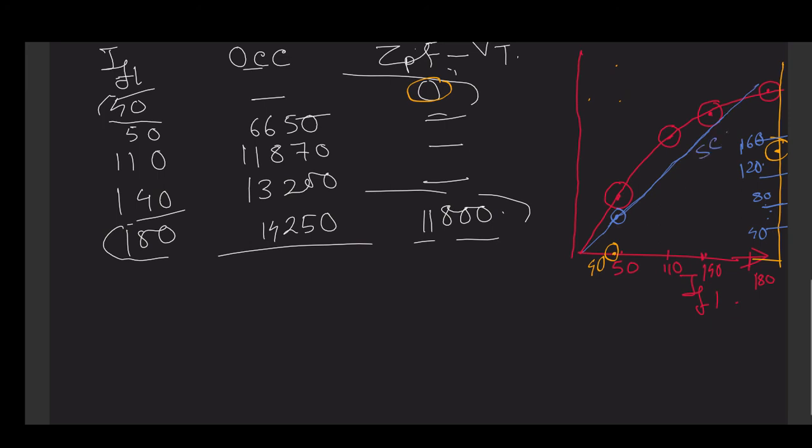So this is your SCC, this red one is your OCC, we need to construct your ZPF, right? Now we need to draw one line.